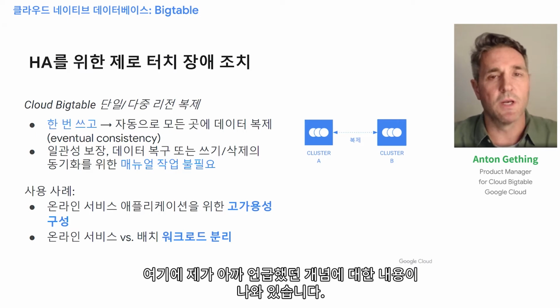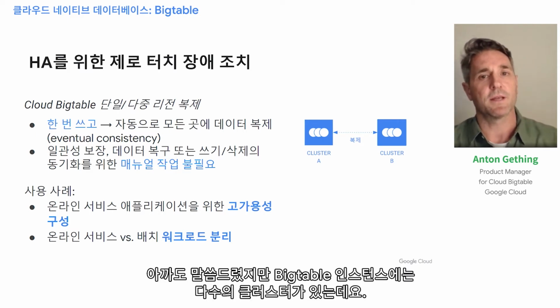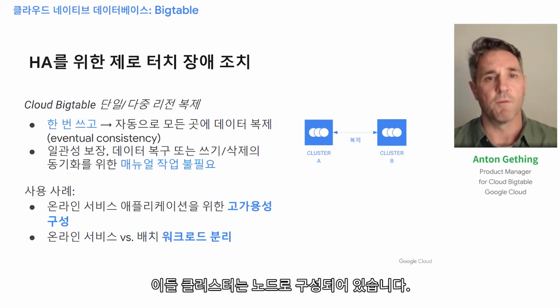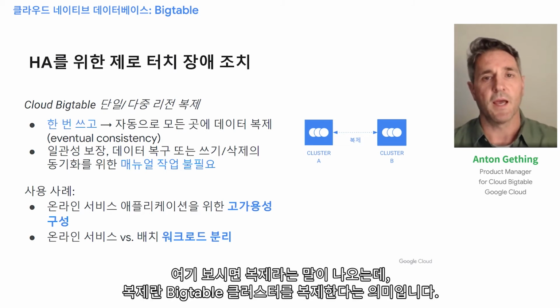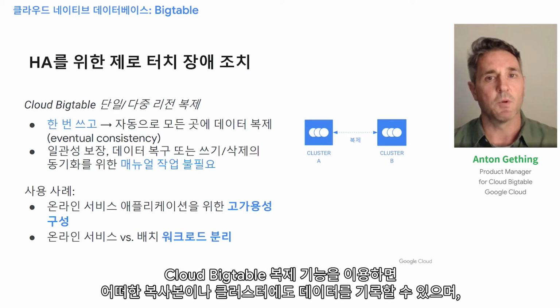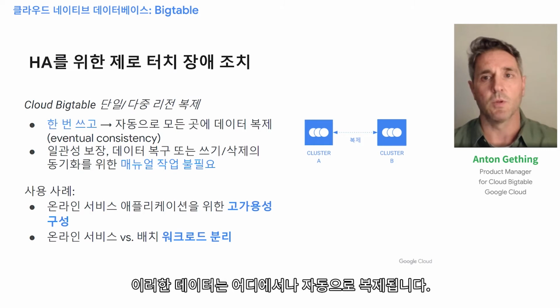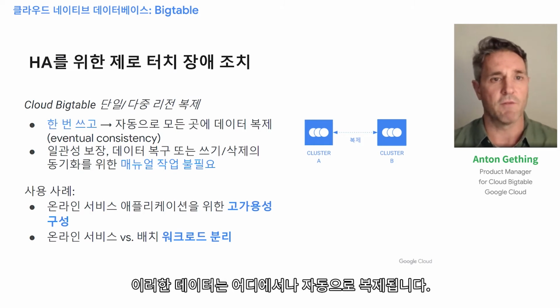Here, I'd like to talk a little bit more about these concepts that I mentioned briefly. So, as I mentioned, a Bigtable instance has a number of clusters. Those clusters are made up of nodes. And here, when we talk of replication, replication is replicating a Bigtable cluster. With Cloud Bigtable replication, you can write data to any replica, any cluster, and it will automatically be replicated everywhere.